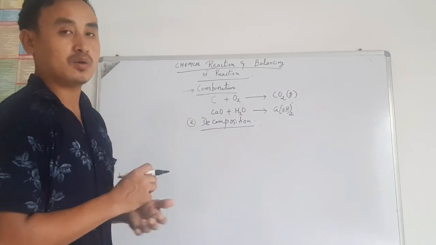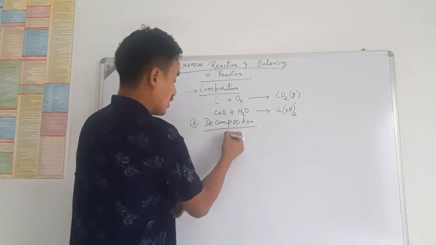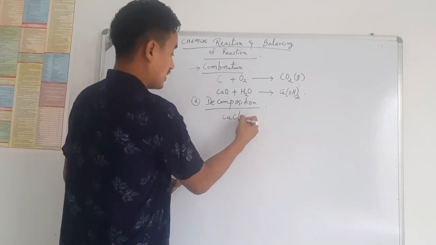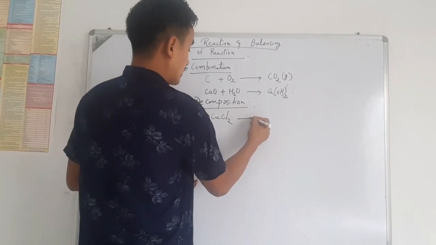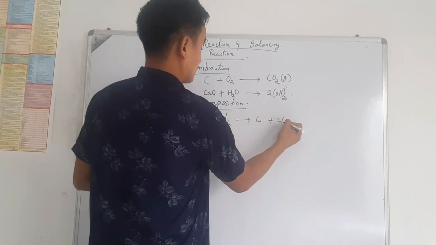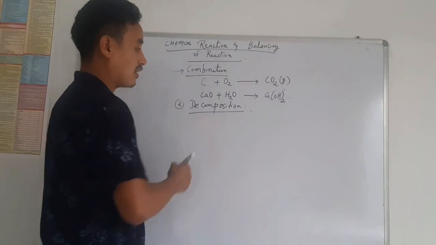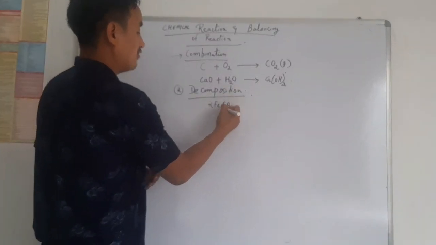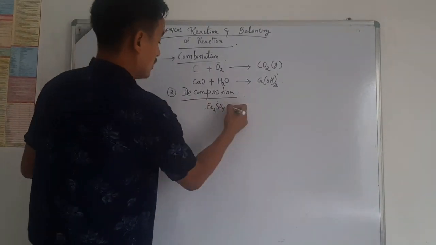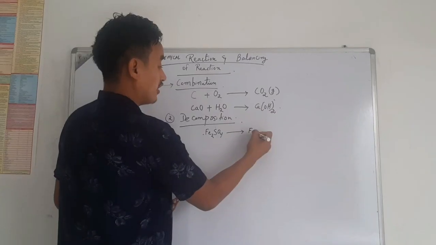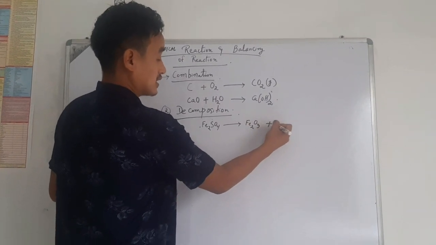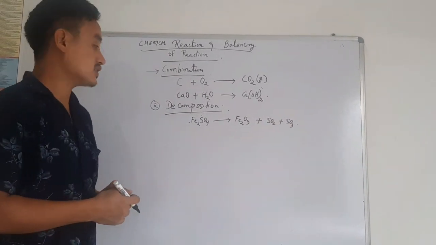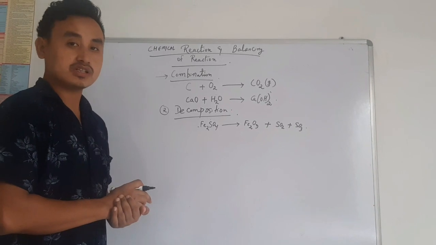For example, when we heat copper chloride, we get copper plus chlorine. Another example: when we heat ferric sulfate, Fe2(SO4)3, we get ferric oxide, Fe2O3, plus sulfur trioxide, SO3. So this is our decomposition reaction.